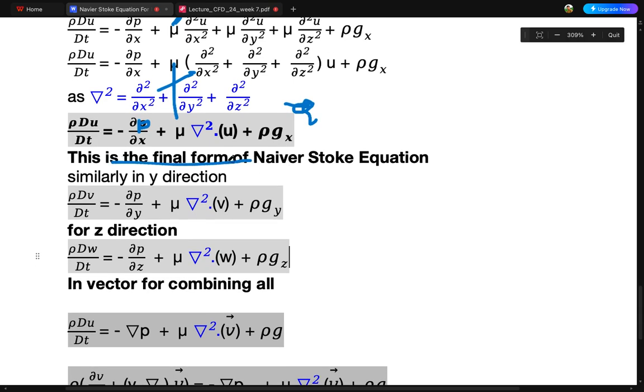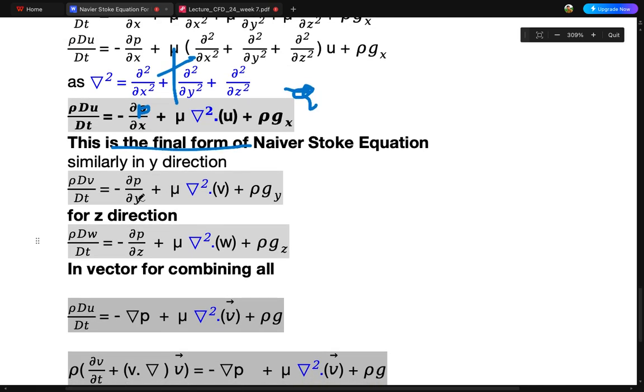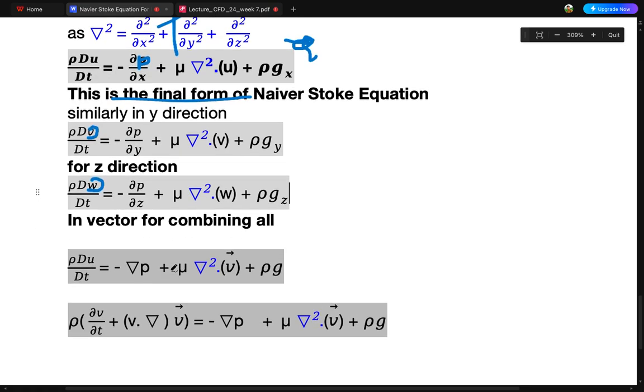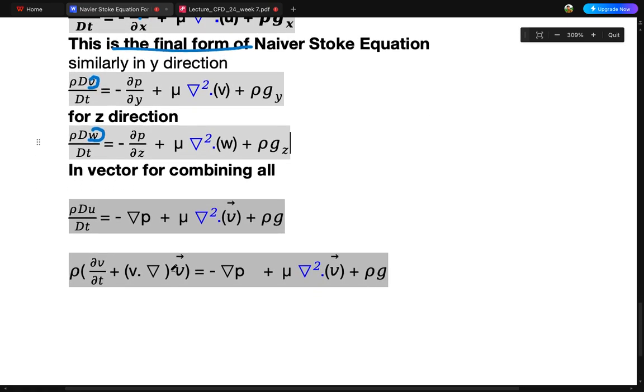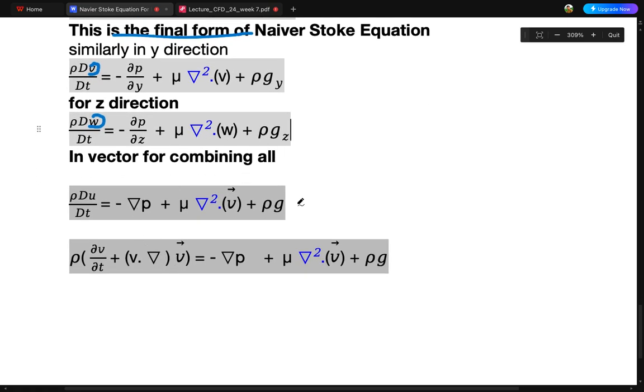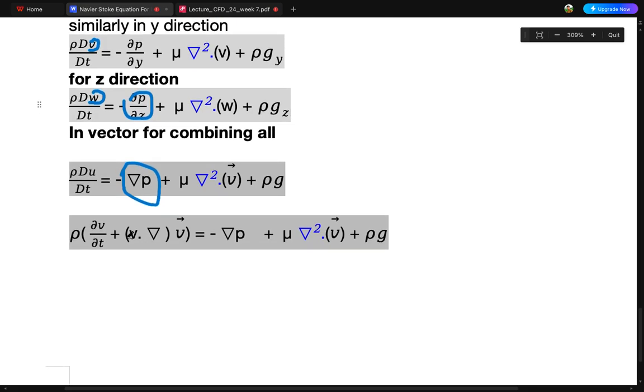Similarly for the y direction, we write it here with the velocity component v. Similarly for z, we write it here. We can also write it in vector form, all in vector form, here. This is the gradient p, and the final form is here.